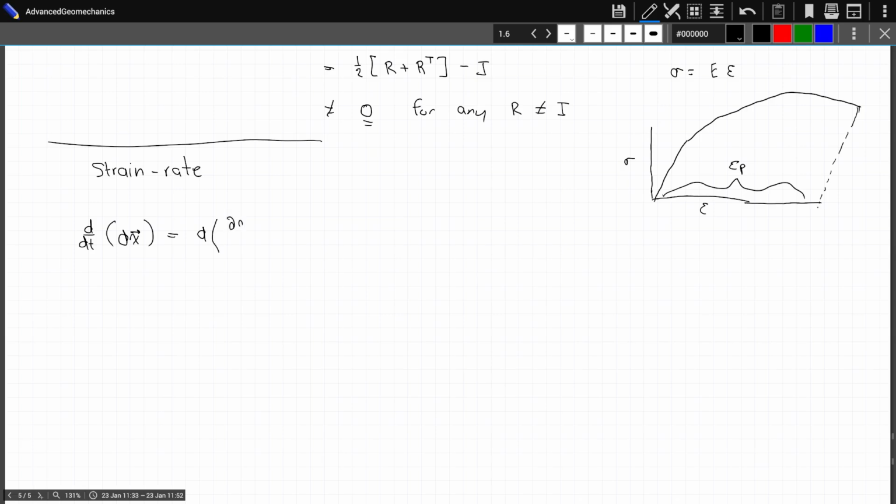So we can say d, dx/dt. Well, x is a position vector in the current configuration. What's the time derivative of a position vector? Velocity, right? So we'll call that v. So this is like dv.